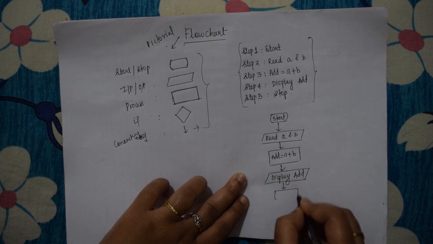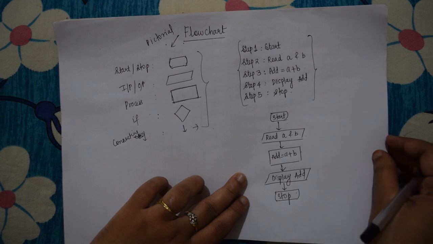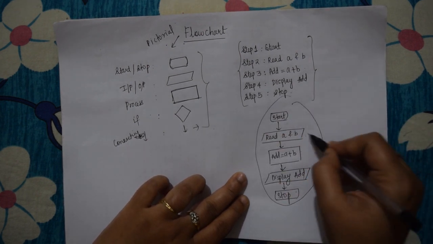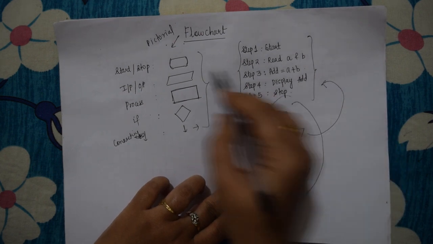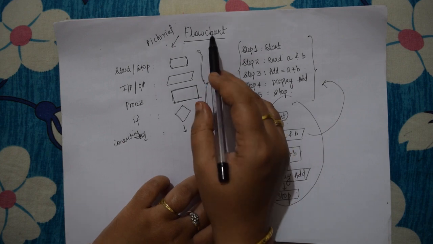So I will take this again. Is it clear? Flowchart is the diagrammatic representation of an algorithm, and these are some basic symbols used in a flowchart.